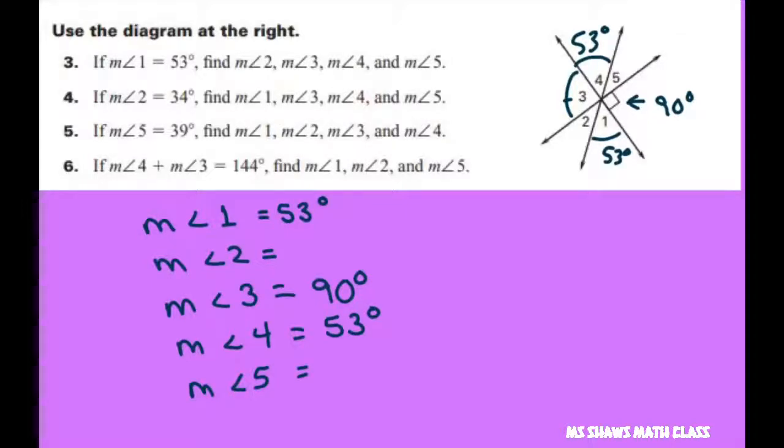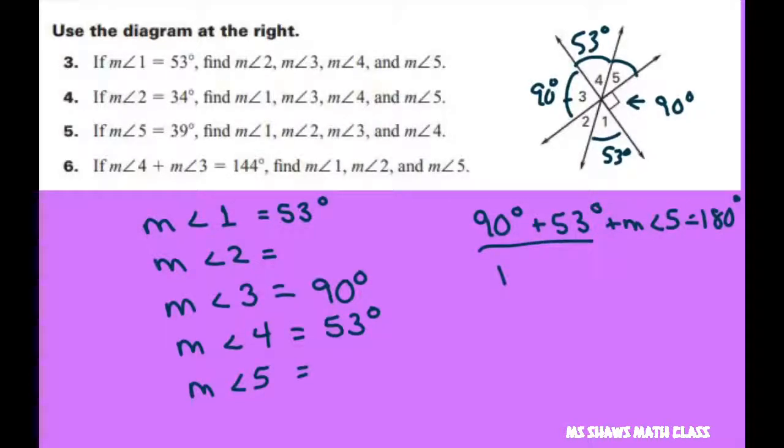Now to find the measure of angle 5, we're just going to add these up. 90 plus 53 plus the measure of angle 5 should equal 180 degrees through our supplementary angle theorem. This equals 143.